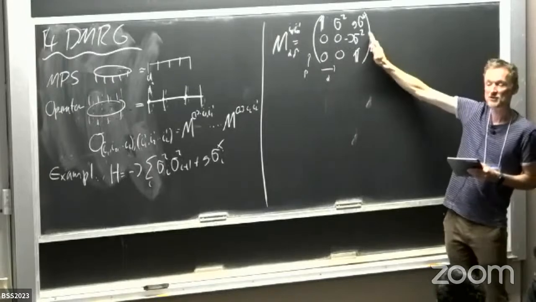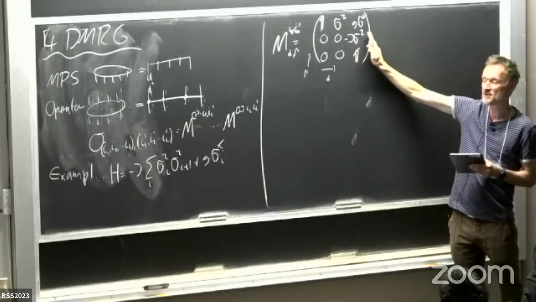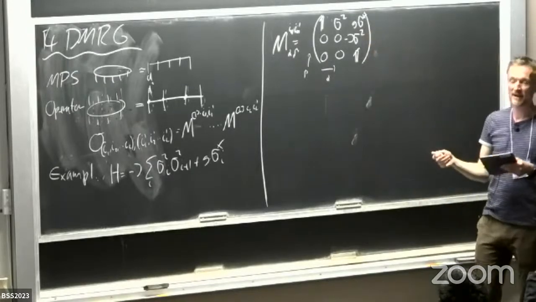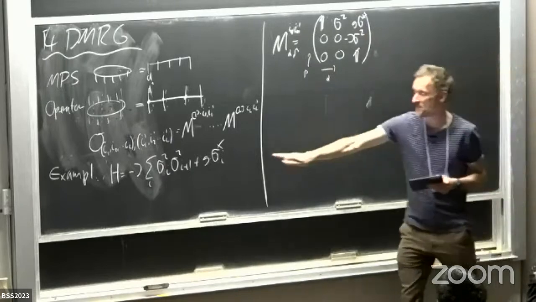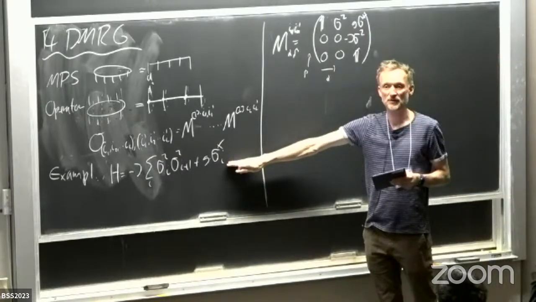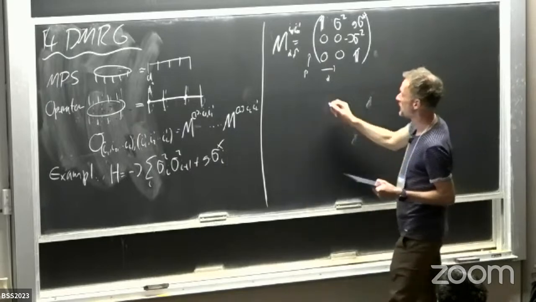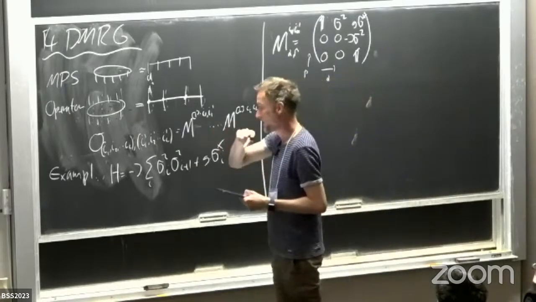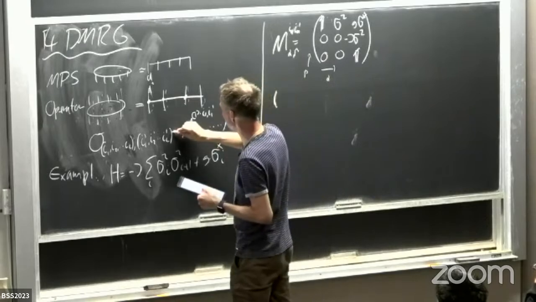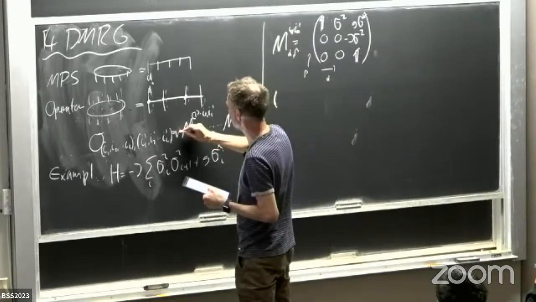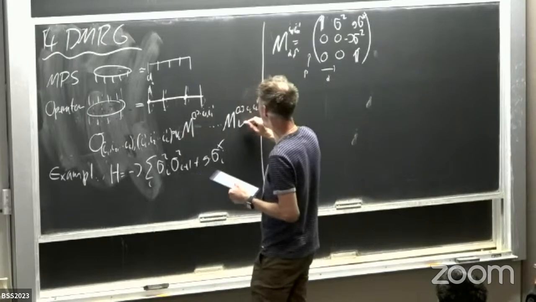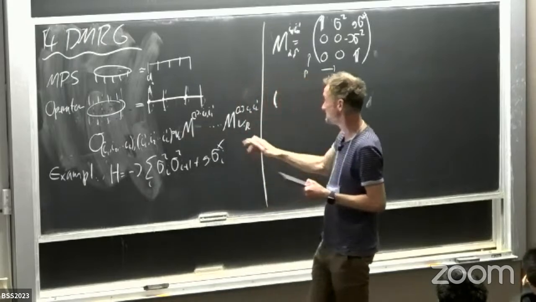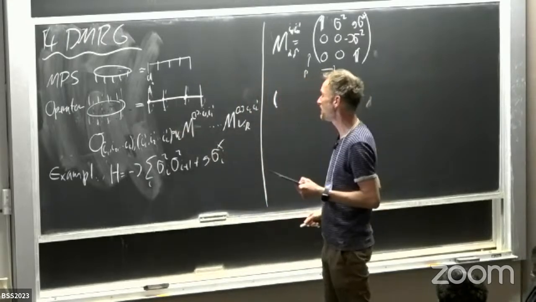Now if I choose this matrix and multiply these matrices, I get back exactly this Hamiltonian. Let me just show how it works. As in this form for the matrix product state, I need to multiply on the left a vector and on the right a vector to actually get a proper operator.